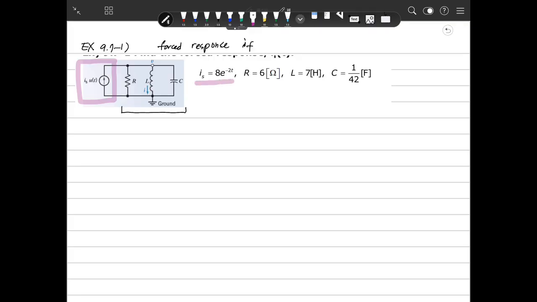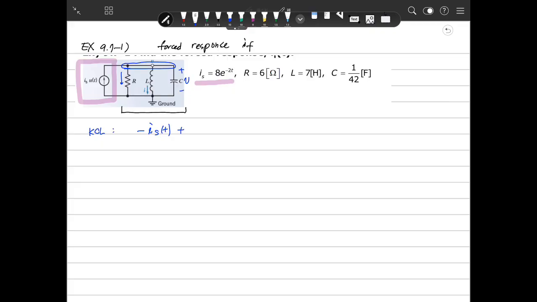And what should we do? We have to make an equation to represent the characteristic of this circuit. At first, we will use KCL here: minus i_s(t) plus, we define the voltage v.